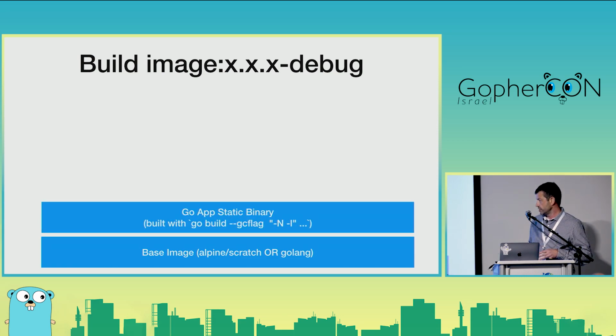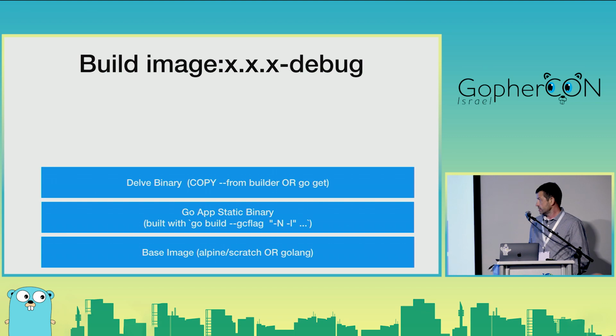Then you are building your Go application. Make sure you build it with two flags, disabling compiler optimization and disabling function inlining. Okay, two flags like -N -l actually simplify the debugger.